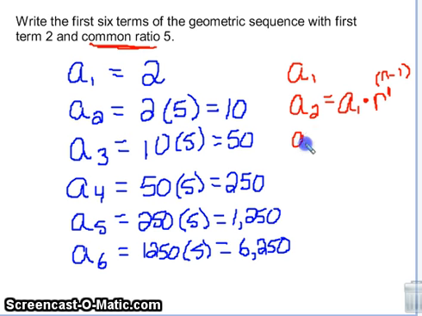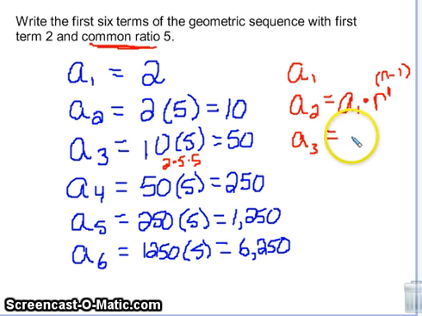If we look at a sub 3, we've got 10 times 5. Well, what was 10 actually made up of? It was made up of a 2 times a 5 times a 5. Everybody see where that comes from?